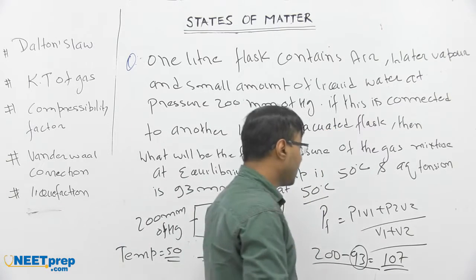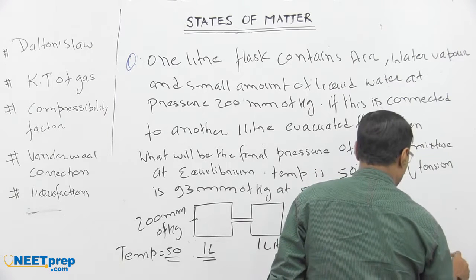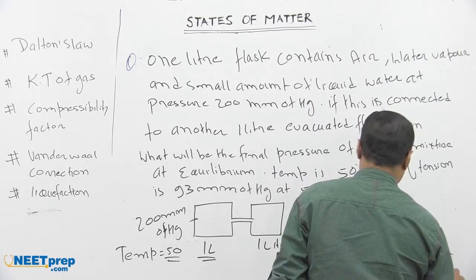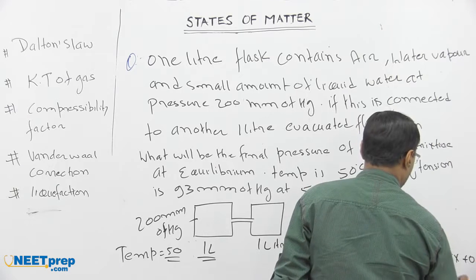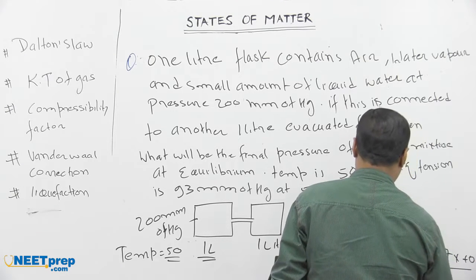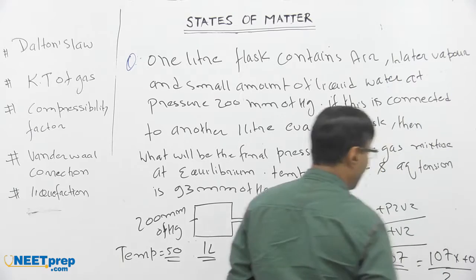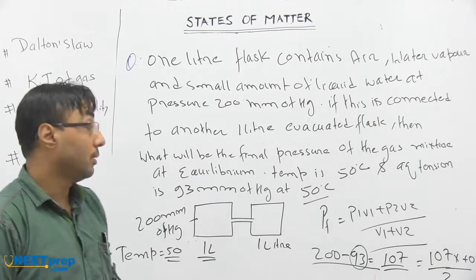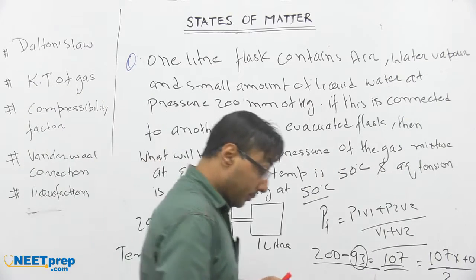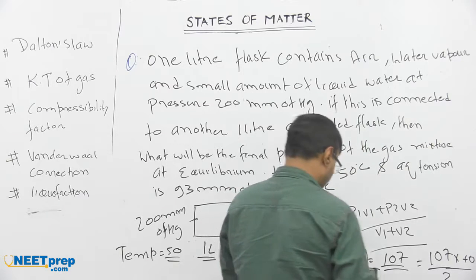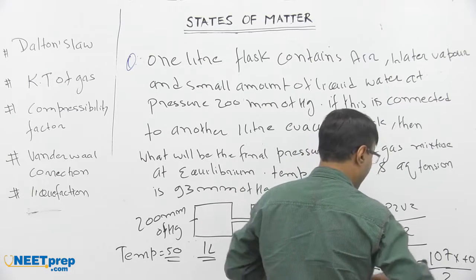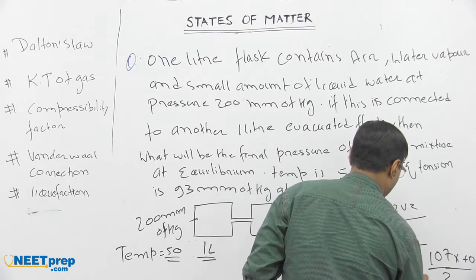So it is 107 into 1 plus 0, divided by 1 liter plus 1 liter, which is 2 liter. So the answer is 53.5.